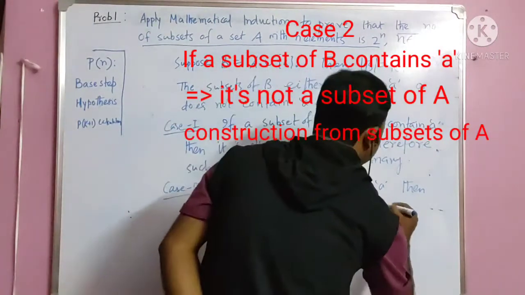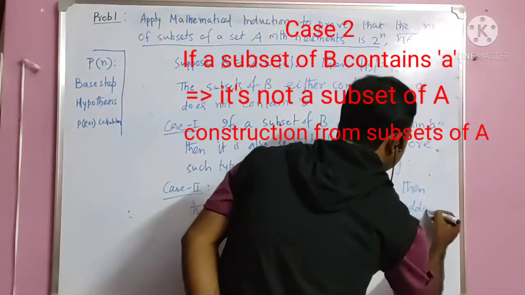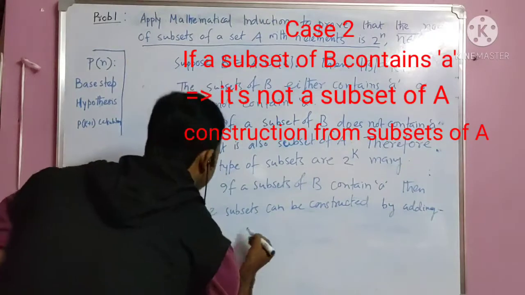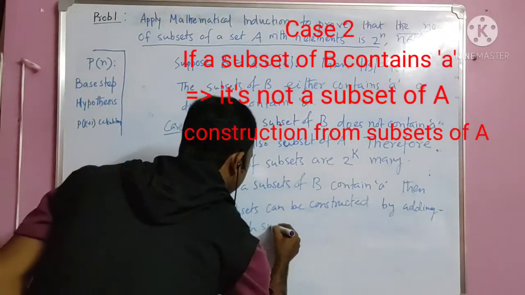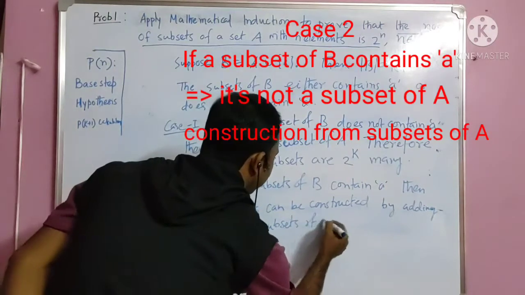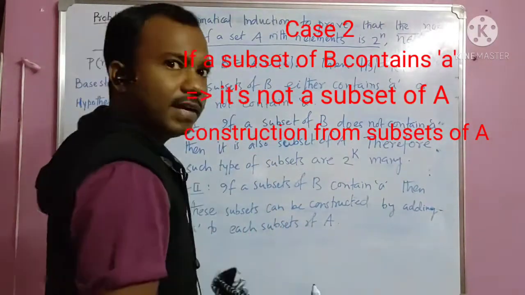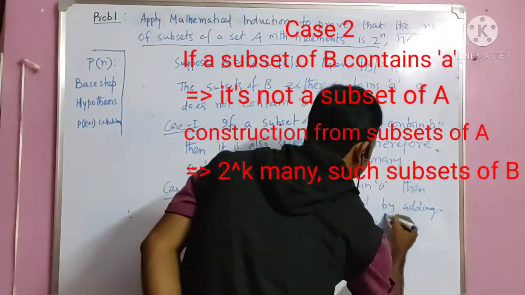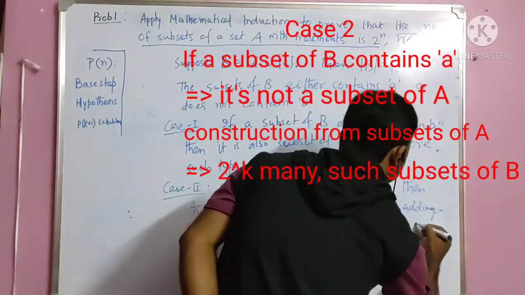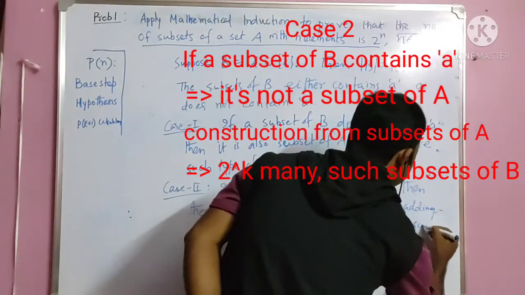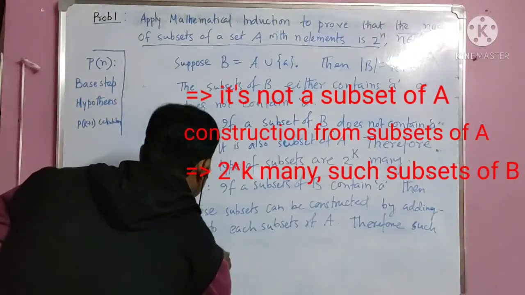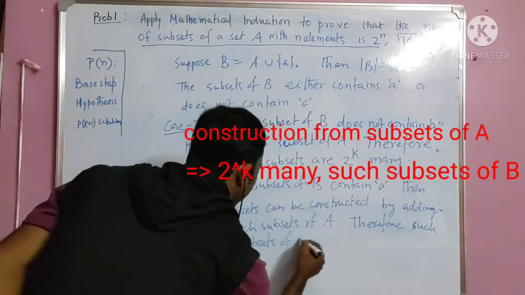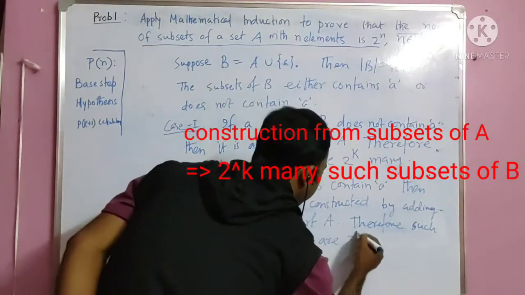They can be constructed by adding the extra element to each subset of A. Therefore, again, such subsets are 2 to the power k many.